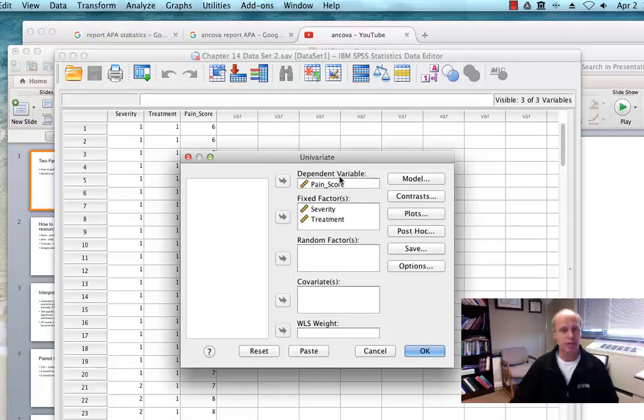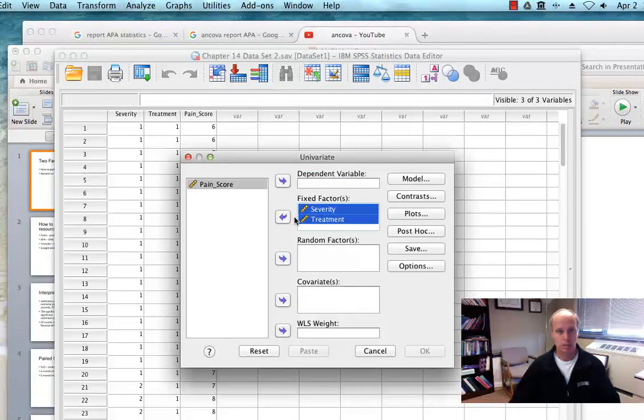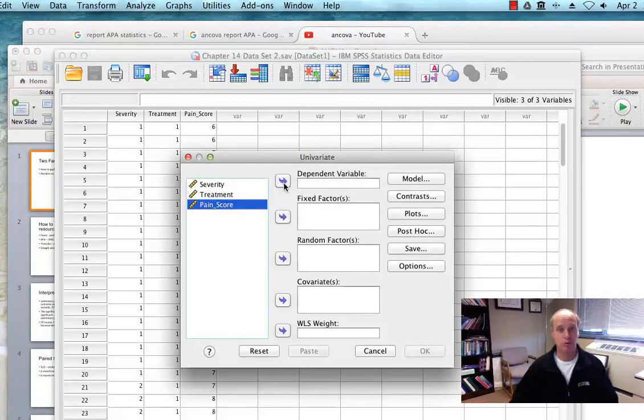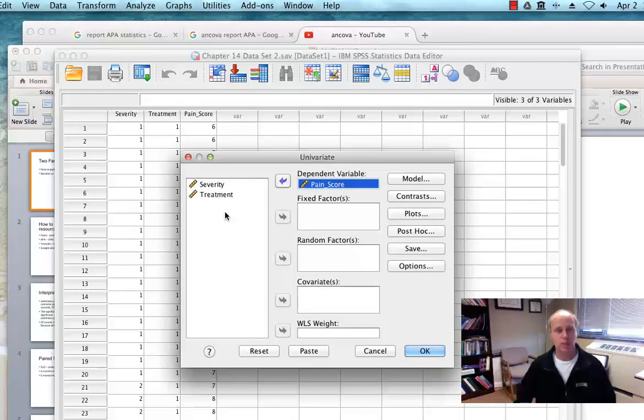So then I'm looking at data set 2 in chapter 14. When I do this model, pain is the dependent, the outcome variable for problem number 3, and then severity and treatment are the factors. So the question would be, and I think Sal kind of skips over this, do severity and treatment go into fixed factors or random factors or one of each?